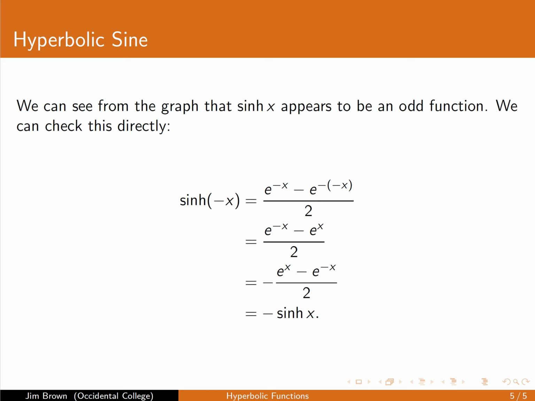We get e to the negative x minus e to the minus minus x. And so if we simplify that, we get e to the negative x minus e to the x over 2. We factor out a negative from that, and we get negative hyperbolic sine of x. So in the actual lecture, we'll develop more properties of these functions and see a couple of examples of how they can be used.